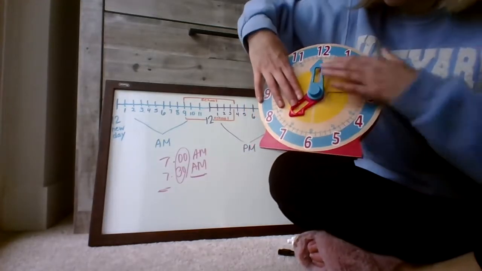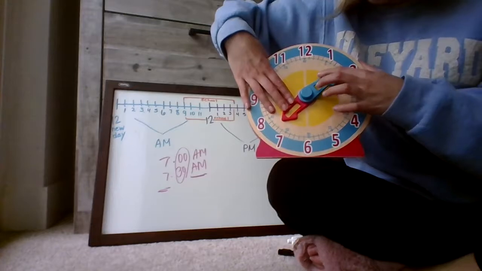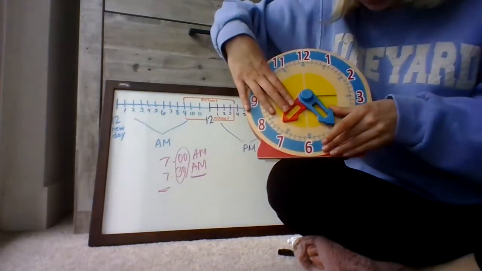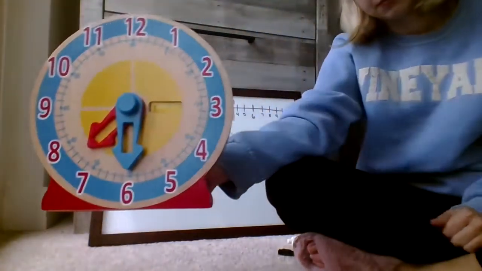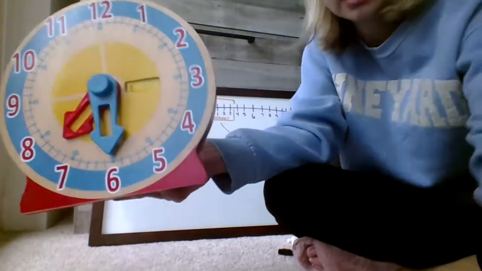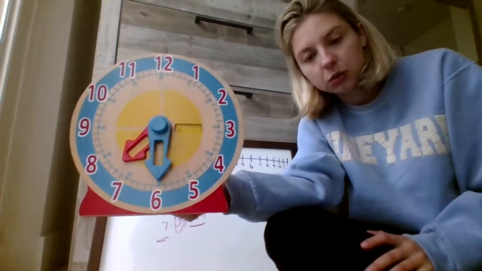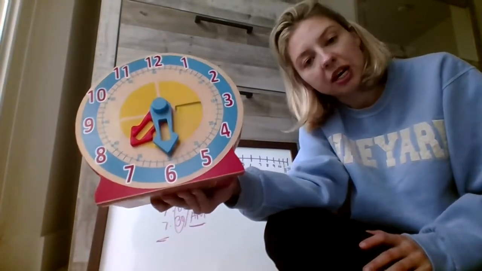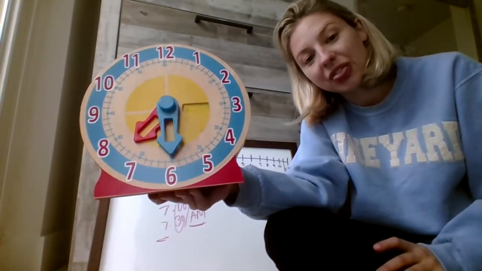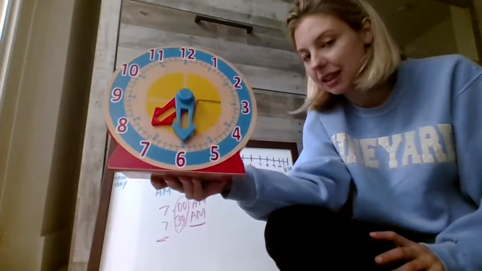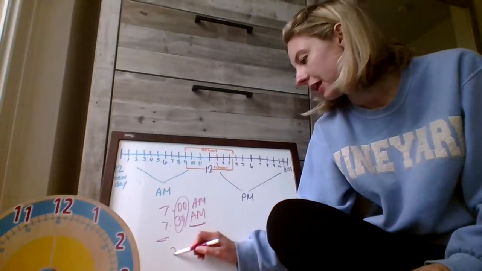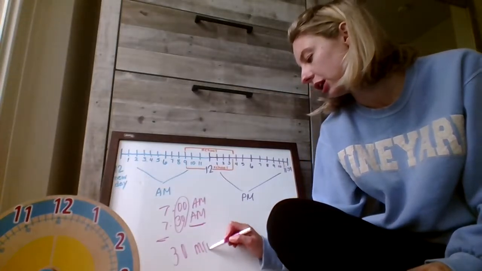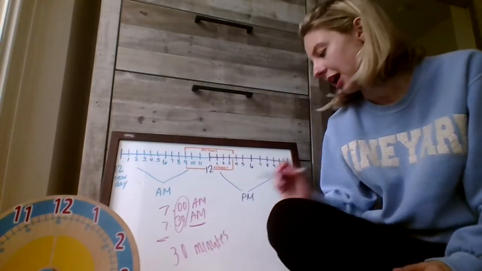Ready? 5, 10, 15, 20, 25, and 30. Do you see this? What did we just count from? We counted from 7 o'clock, which had 0 minutes, to 7:30, which has 30 minutes, and the hour did not change. So what is the answer? The answer is 30 minutes have gone by.